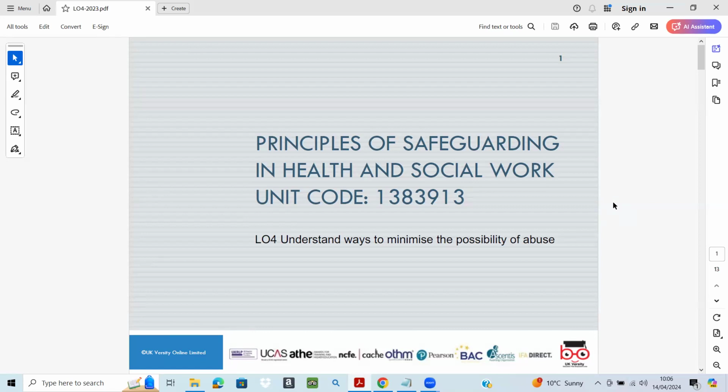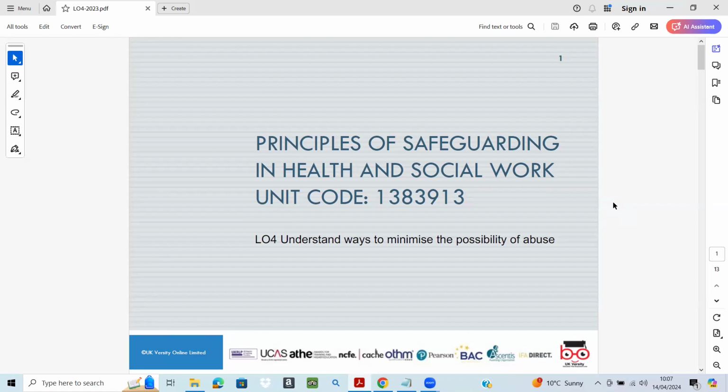It encourages openness and transparency, making it more likely that potential abuses are reported and addressed promptly. Overall, fostering an open culture is essential for early detection and prevention of abuse.